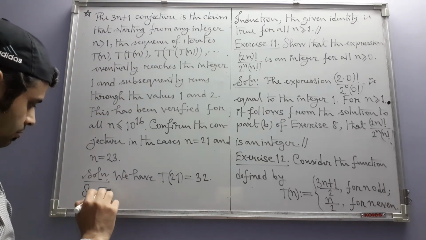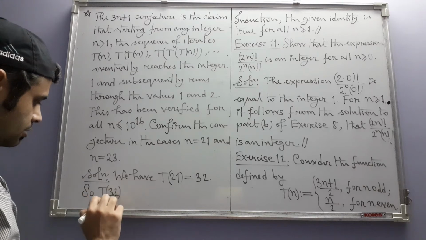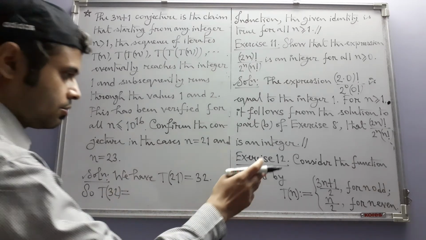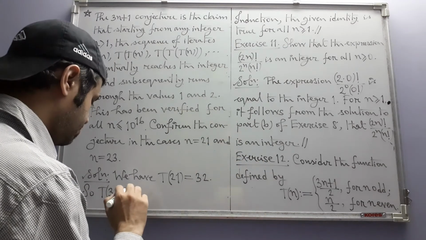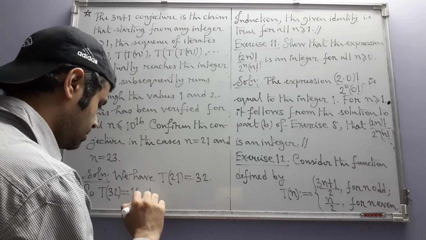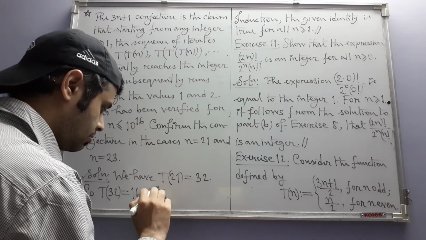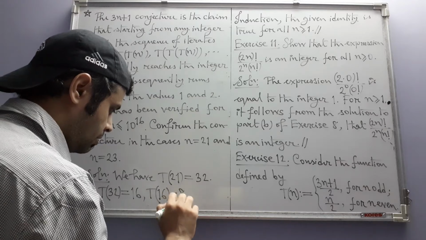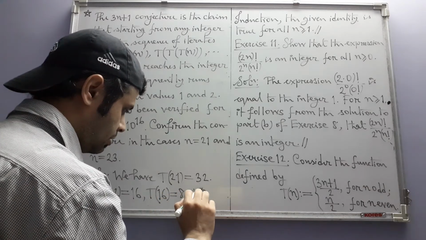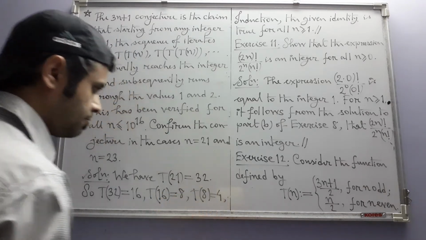So 32 is even, so it will be halved, 16, which is again even. So this will be 8. T of 8 is 4.